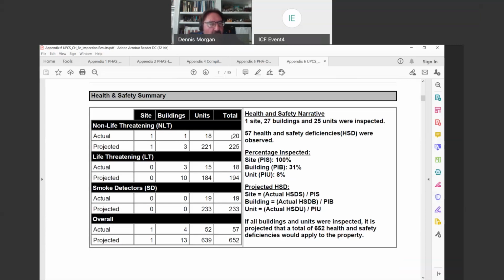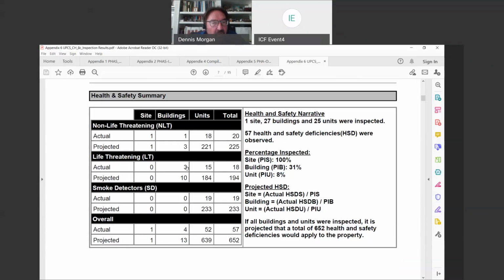So if I looked at your whole property and looked at every one of your units, I generally estimate that I would find 225 of these items on your property, a relatively high number. Because if you think about it, out of my dwelling units, I only looked at 25, and 18 of those units had defects.